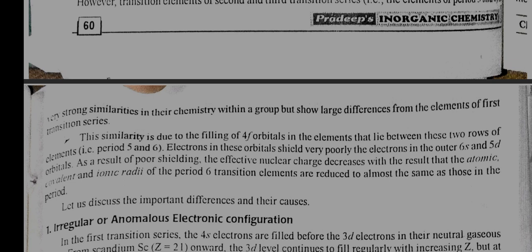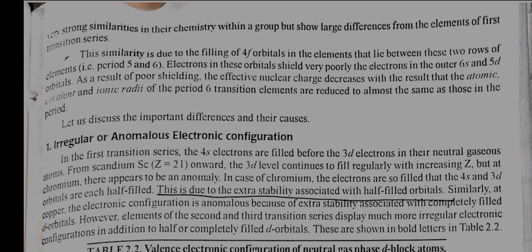This similarity is due to the filling of 4f orbitals in the elements that lie between these two rows of elements, for example period 5 and 6. Electrons in these orbitals shield very poorly the electrons in the outer 6s and 5d orbitals. As a result of poor shielding, the effective nuclear charge increases, with the result that the atomic, covalent and ionic radii of the period 6 transition elements are reduced to almost the same as those in the period 5.